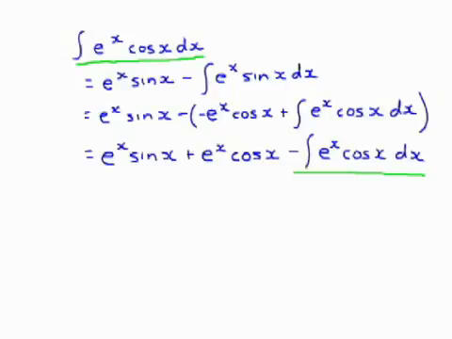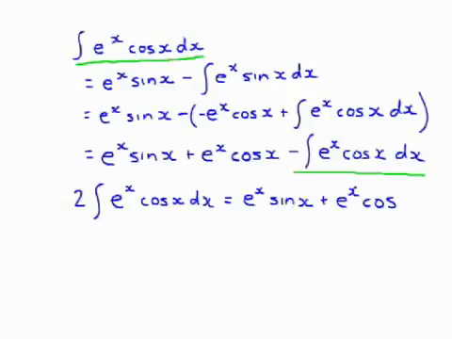Why don't I add that integral to both sides of the equation so that I end up with 2 times the integral of e to the x times cosine x dx, and that would now be equal to e to the x sine x plus e to the x cosine x. And then it's merely a matter of dividing both sides of the equation by 2.